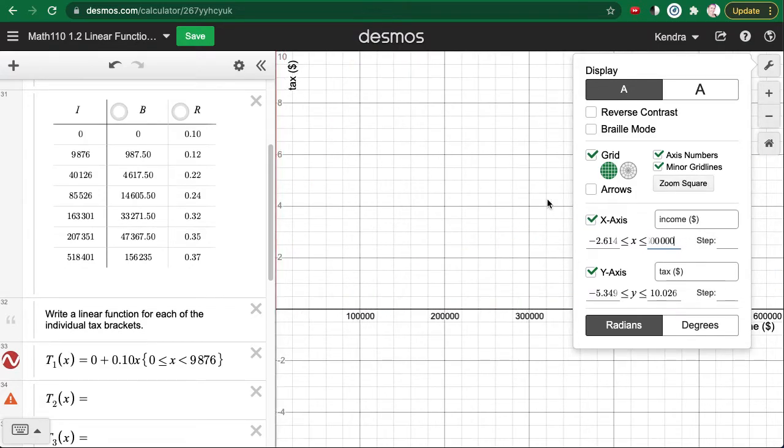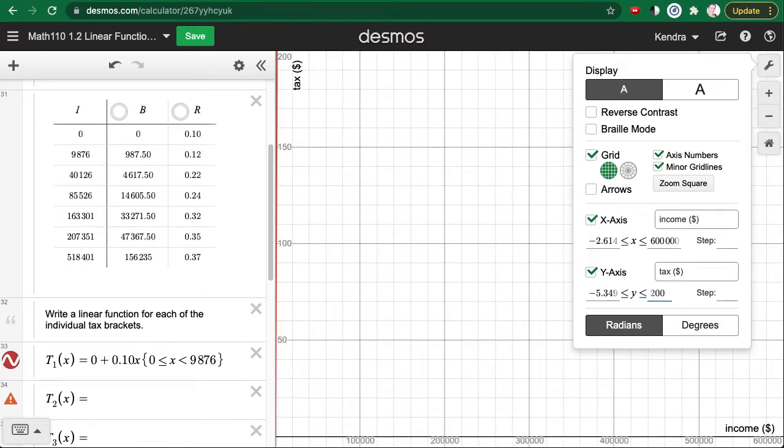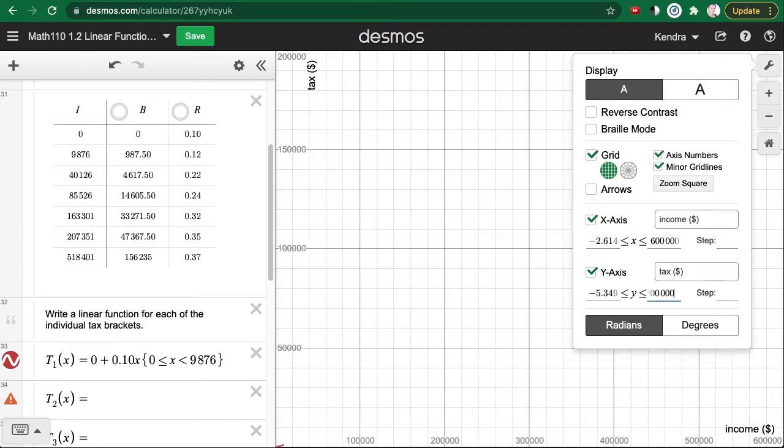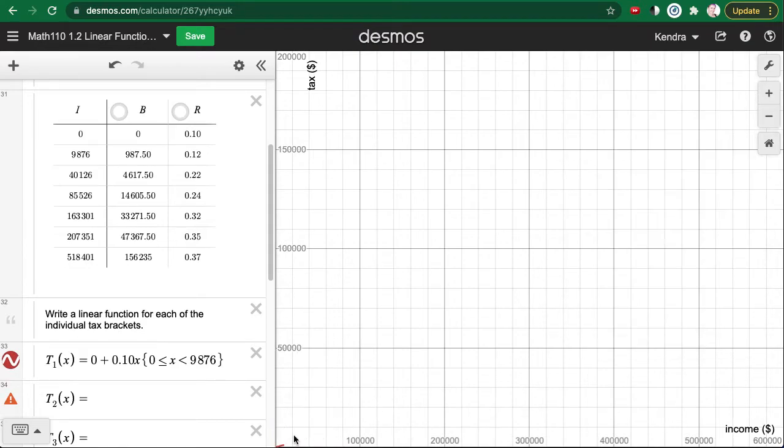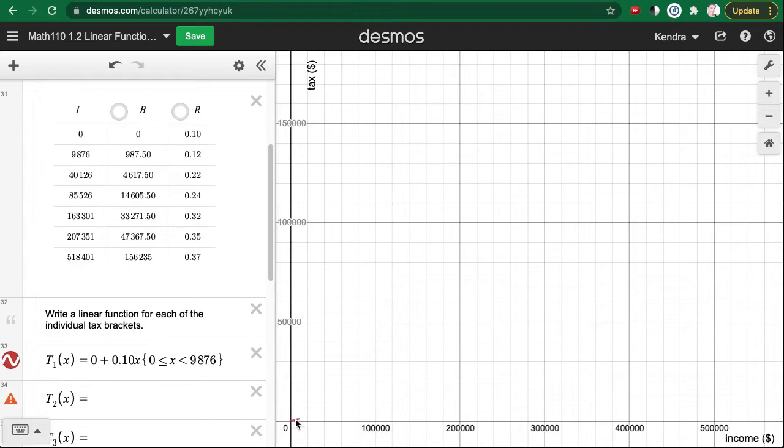And my taxes are going to be over $156,000 supposedly, so let's just guess $200,000. Okay. And there I am, there's that tiniest little tax bracket for people who have an income less than 9,876.